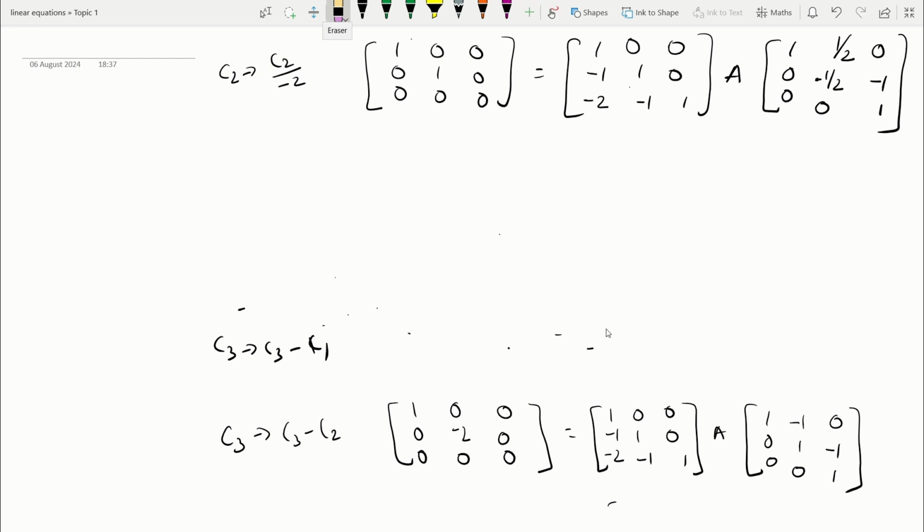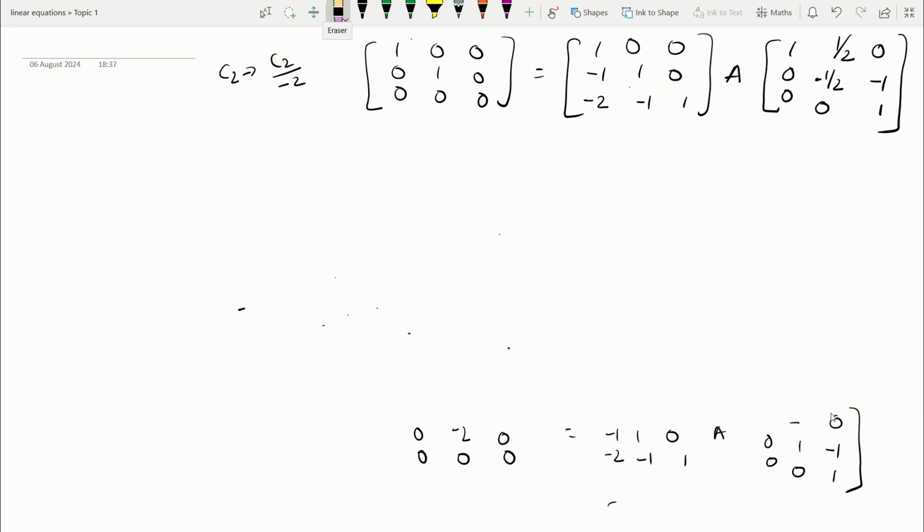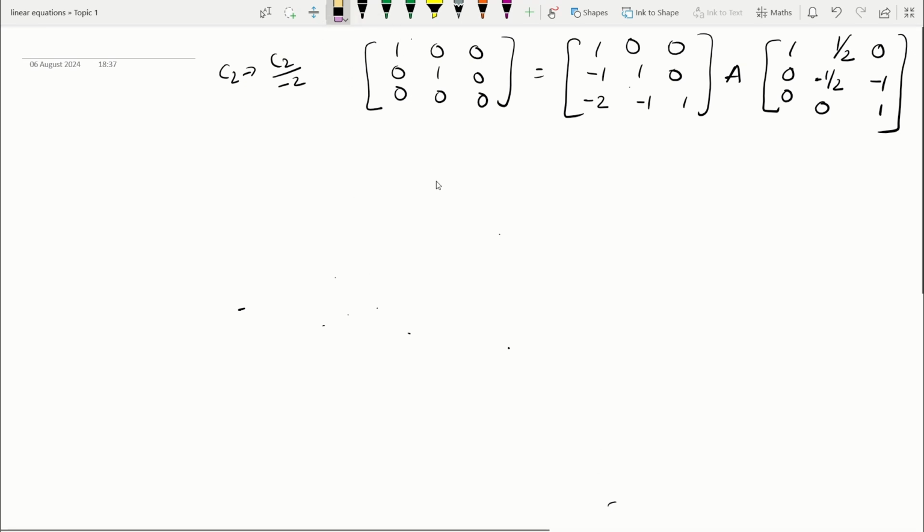1 0 0, minus 1 1 0, then minus 2 minus 1 1, and A, and this is called 1 0 0, column I will write. C2 by minus 2, right? Minus 1 by minus 2 will be 1 by 2. Then again 1 by 2. Here 1 by minus 2.